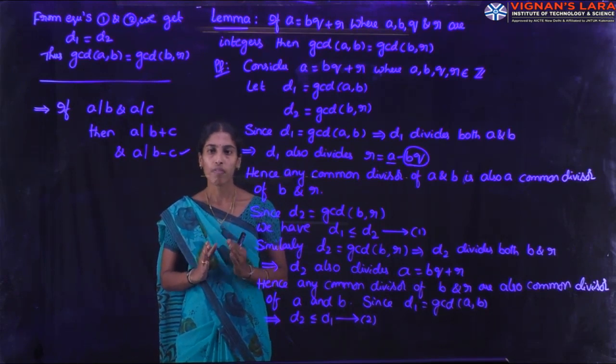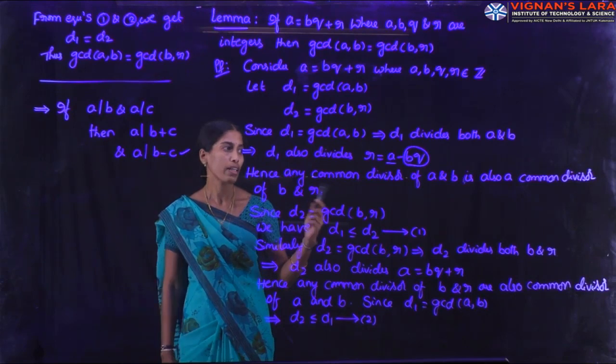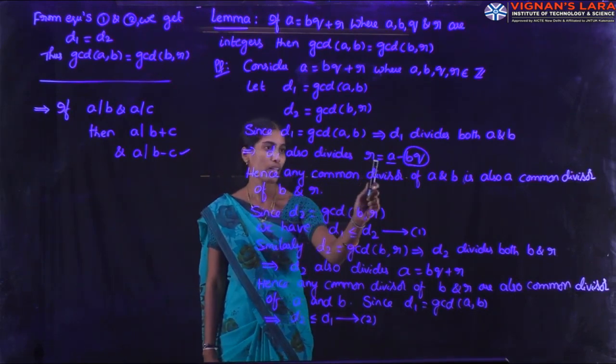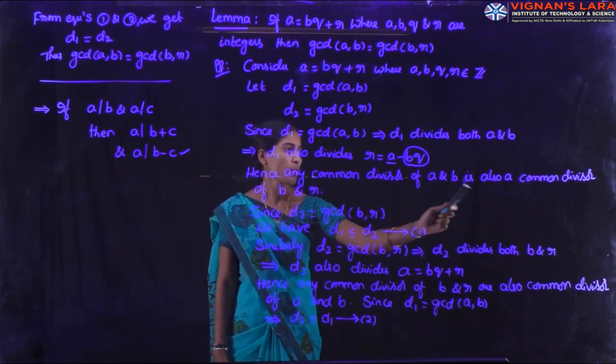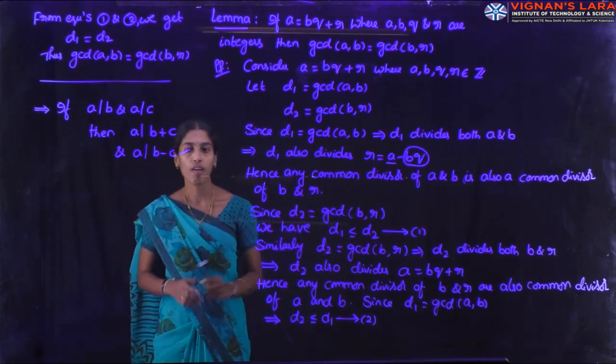Any divisor of A and B is also a divisor of B and R. So any common divisor of A and B is also a common divisor of B and R.